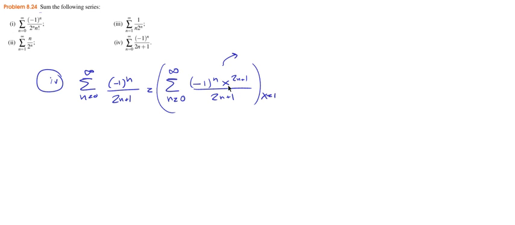If you go to your table of series, this is the series of the arctangent of x. This is one of the easy ones to remember, so it's useful to remember that one. So this is the arctangent at 1, and we know that the arctangent at 1 is pi over 4.